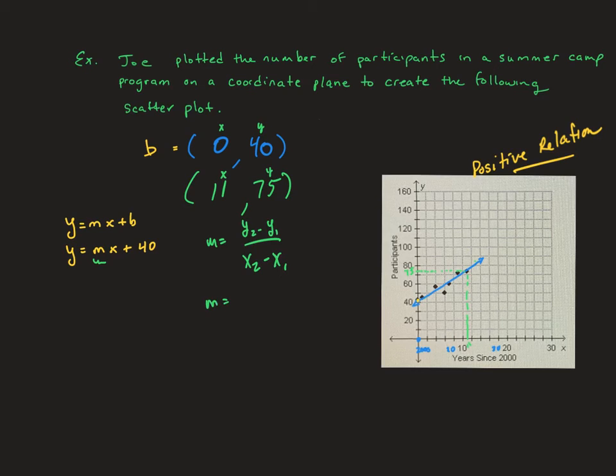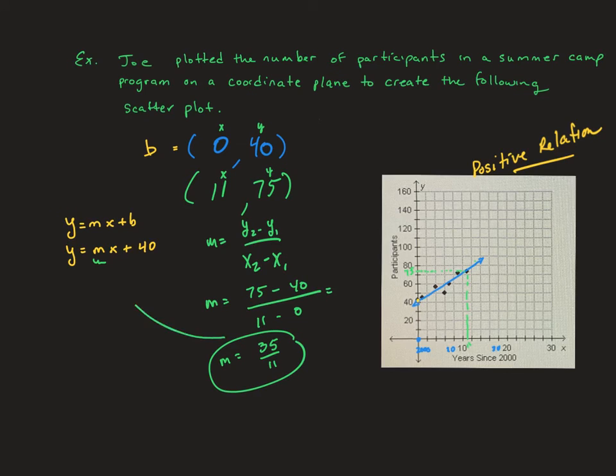So my slope is going to be equal to 75 minus 40 over 11 minus 0, which is going to give me 35 over 11. I'm just going to leave that as the slope, as a fraction.